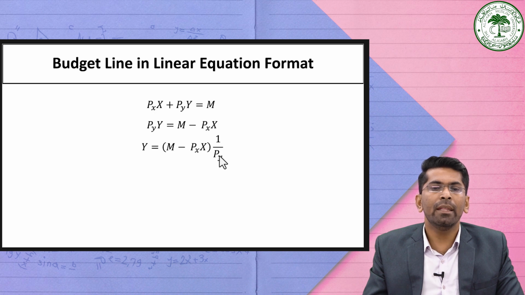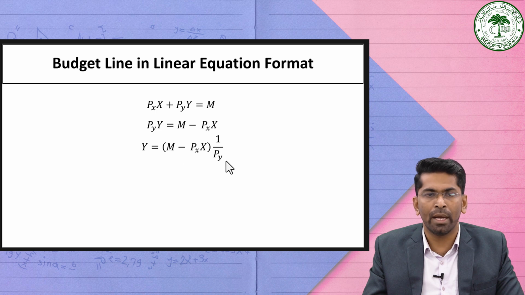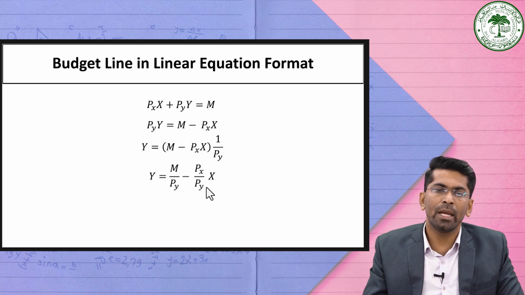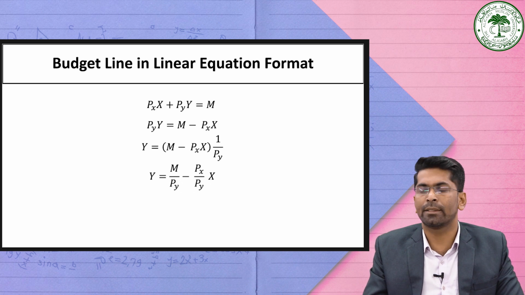So we can divide each and every element on the right hand side of the equation by Py. Then y is equal to m upon Py, minus price of x divided by price of y into x. By rearranging to the final format, we can write y is equal to m upon Py minus price of x divided by price of y into x.